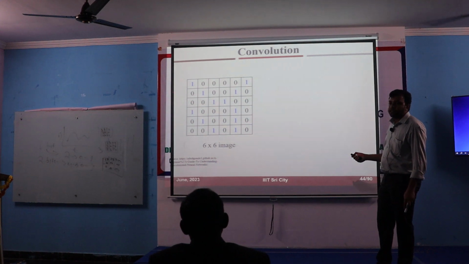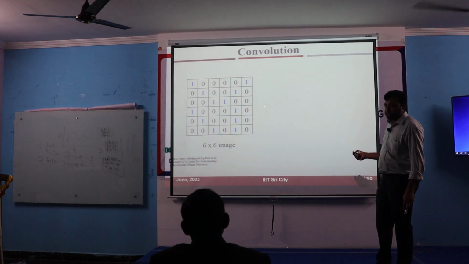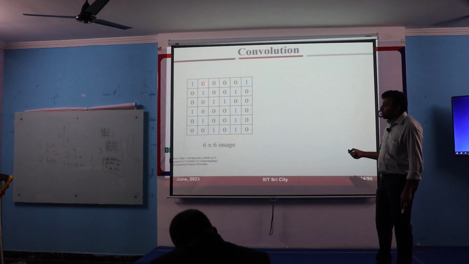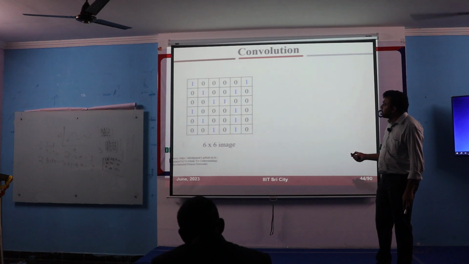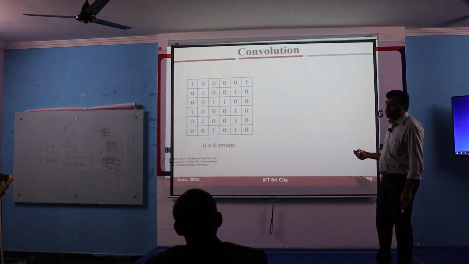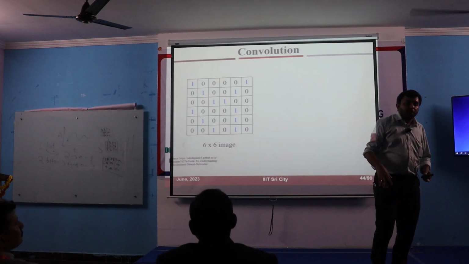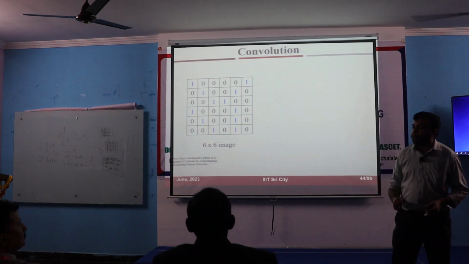Average of this neighborhood. So that means the new value that I am getting here will be the average of this neighborhood. So the next one, if I place the kernel here, the average of this neighborhood will be the value. So I am averaging out the value. When you average out the value, what will happen?